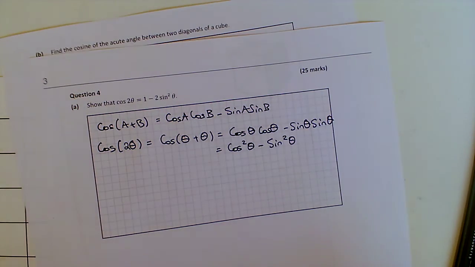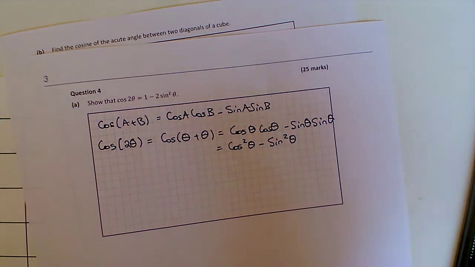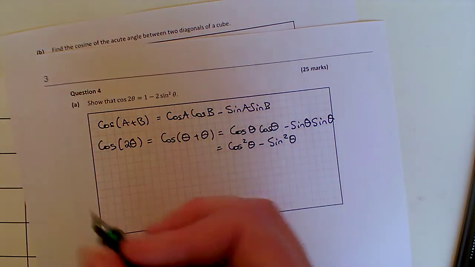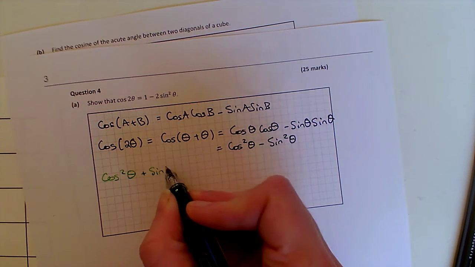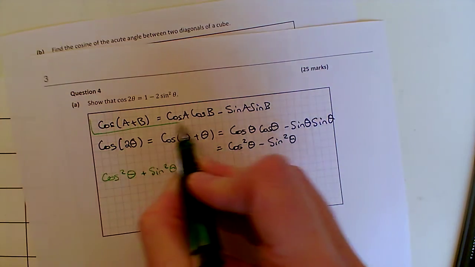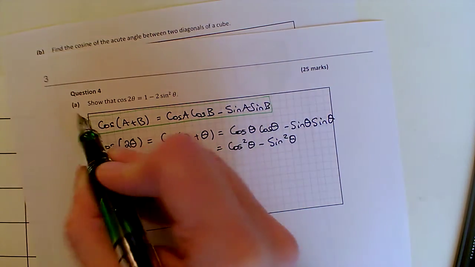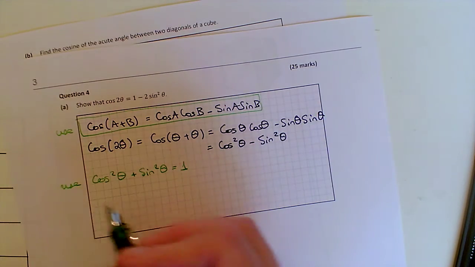Now we're almost all the way there, but we're not quite. So cos squared theta, well, we're going to use this fact. Cos squared theta plus sine squared theta is equal to 1. So we've used this fact. And now we're going to use this fact as well.